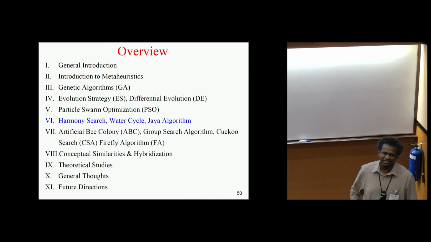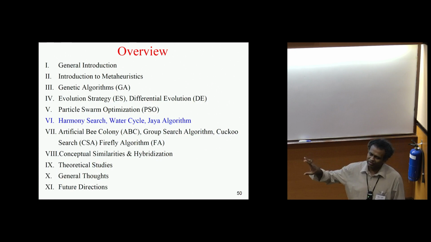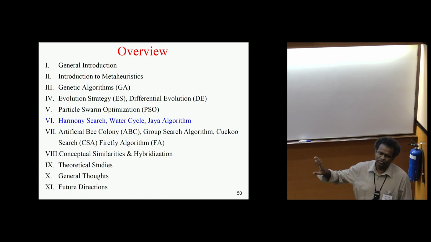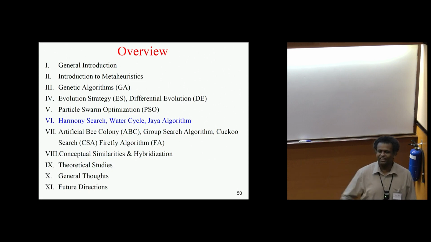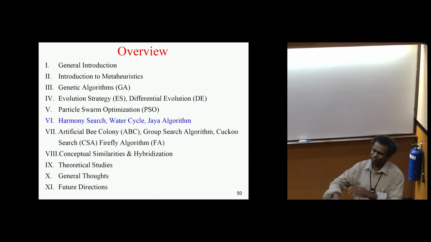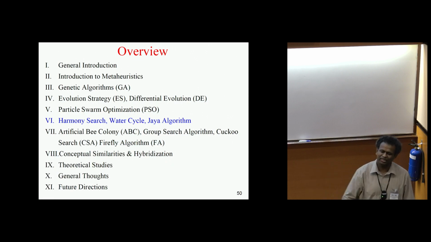But researchers have a problem of publishing papers. Like, I have a particular practical problem. This problem has been solved by using PSO, DE, and all these methods, but no one has tried harmony search. So what is the original work you can do? Take the same problem, apply harmony search, and then submit a paper and say no one has done it.